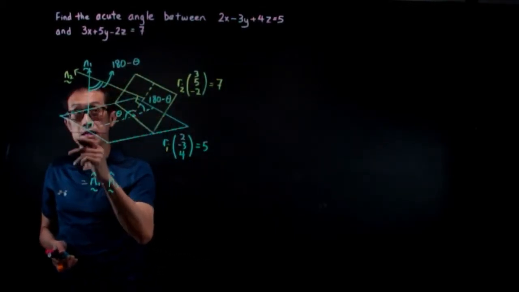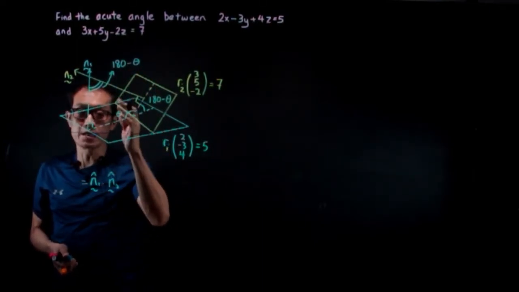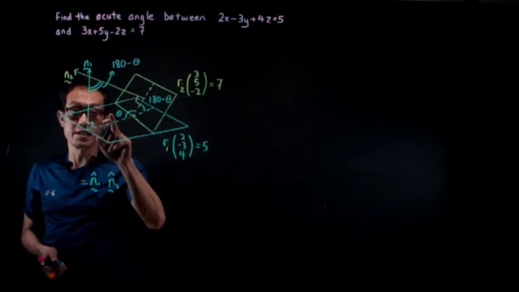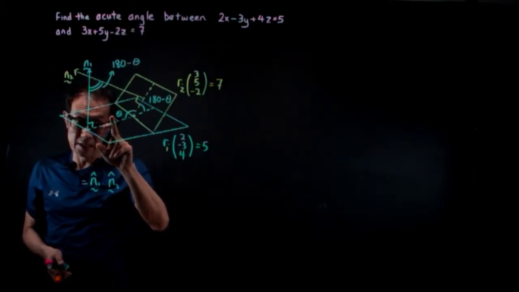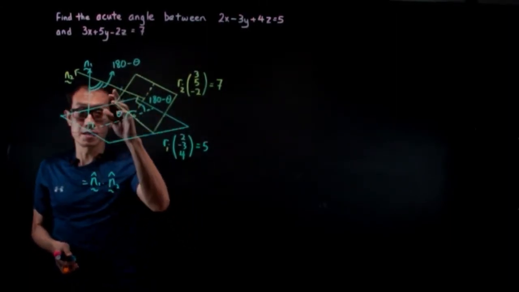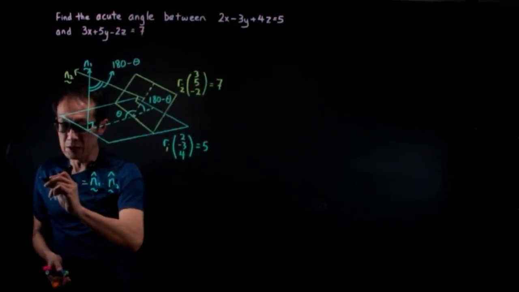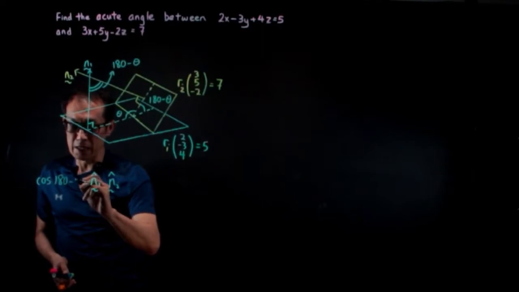In this case it's 180 minus theta, but actually it doesn't matter, because if I call this theta, then this will be 180 minus theta. Let me just use cos of 180 minus theta.